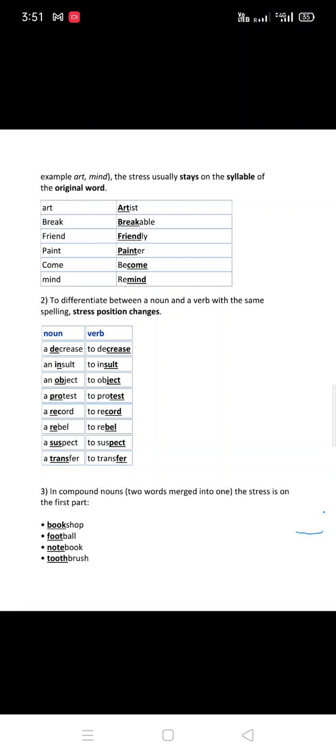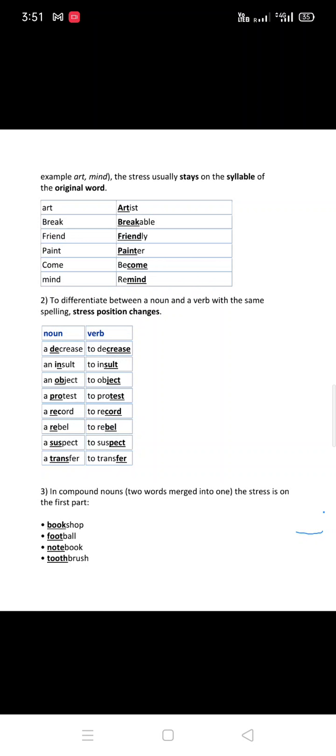Rule number 2 is when you pronounce a noun, you have to give stress on first syllable of the word. And when you pronounce a verb, then you have to give stress on last syllable. Maybe the word is same, and a word can be used as a noun and as a verb also. The same word, it can be used as a noun or as a verb.